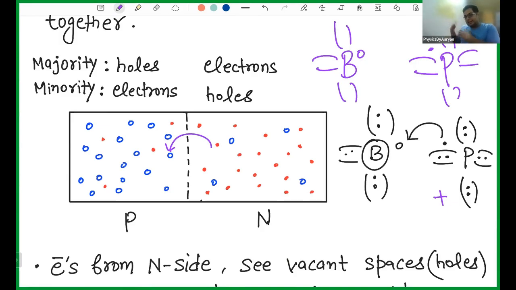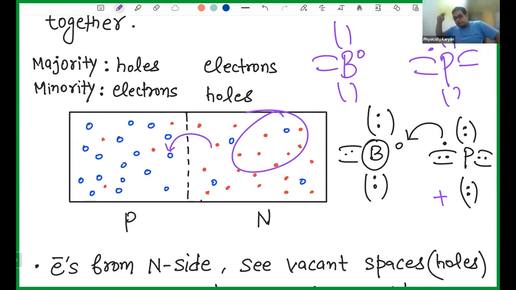But the silicon sitting next to the boron wants to make the 4th bond. Silicon says, okay, boron, bring 1 more electron from somewhere so that we can bond together. But boron does not have that kind of electron. On the other hand, on this side, there was phosphorus. Phosphorus has already made the 4 bonds, but now it has 5 electrons.